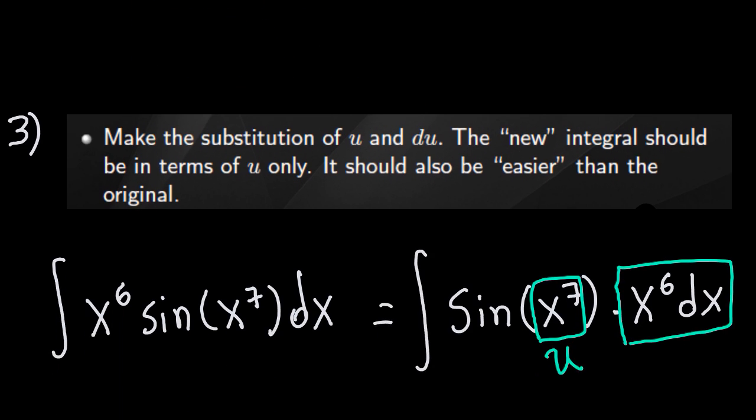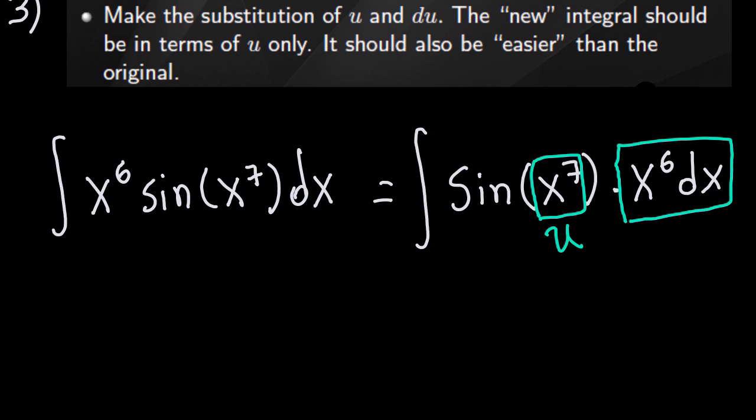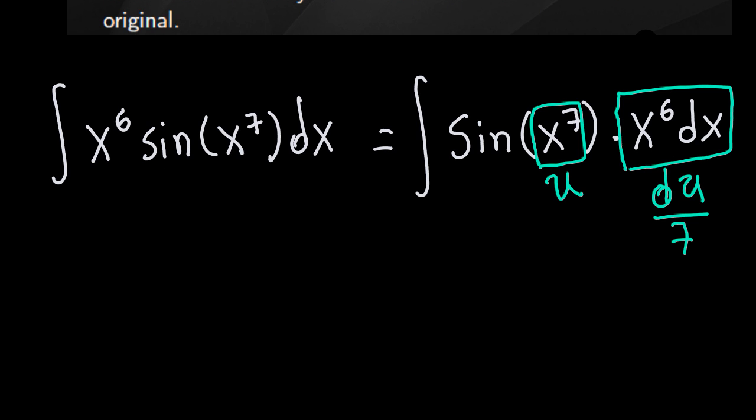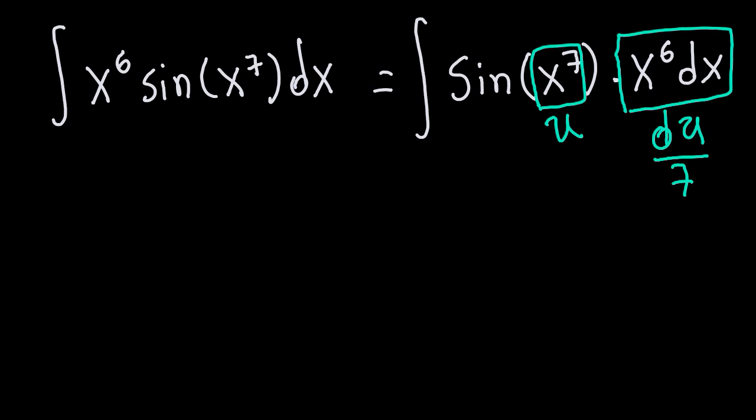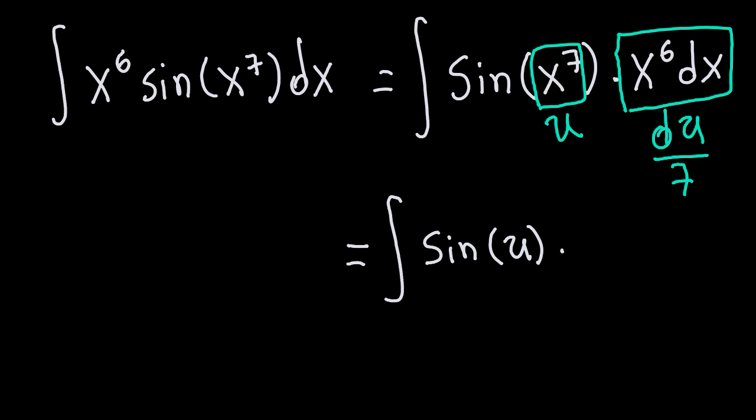So that expression that you see there is du divided by 7. So if I make my substitution here, I'm going to get the integral of sine of u times du divided by 7.